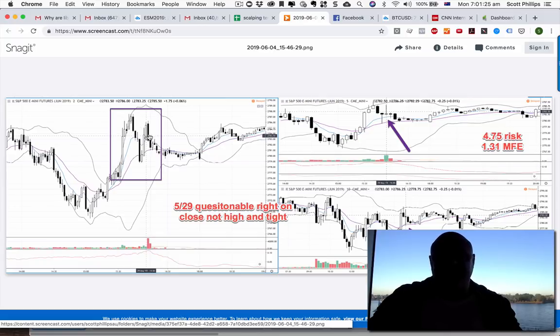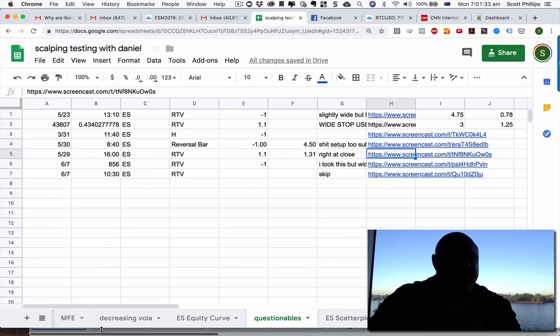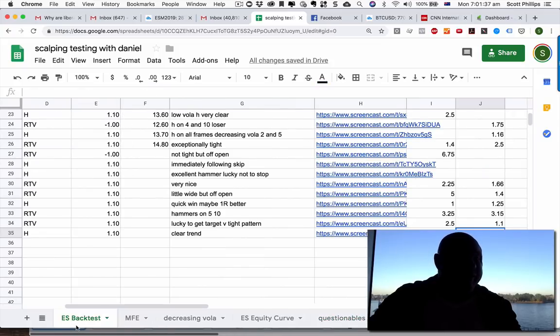For example, this one would have worked, but the setup was right at the close, and it's not what I call a high and tight pattern, where the pattern is very tight, and it's clearly not that. So even though it worked, it made 1.31 MFE, it's not really what I'm looking at.